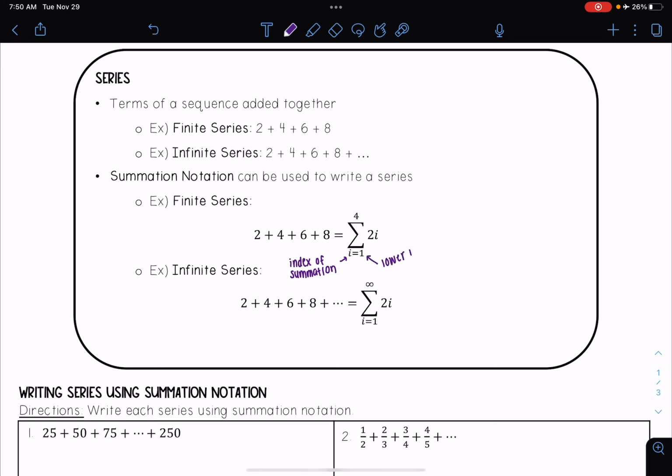And then the upper limit of summation for this one is 4, where the other one is infinity. And this sign here is called sigma.